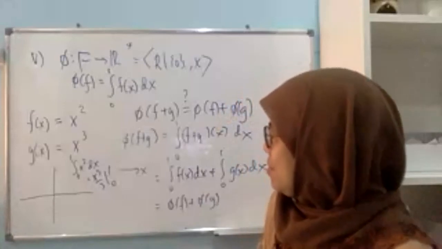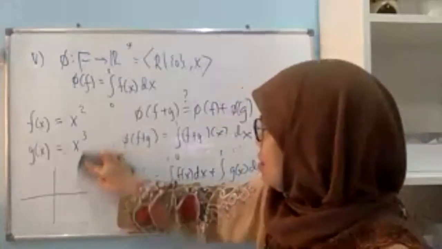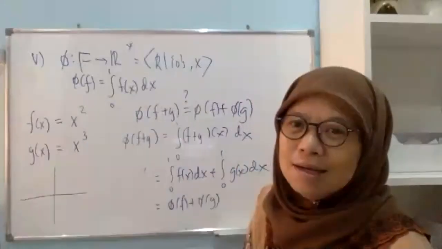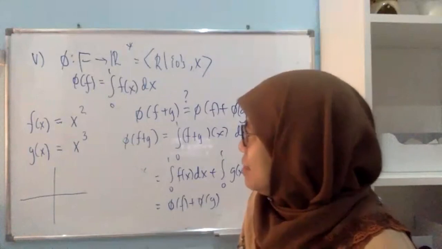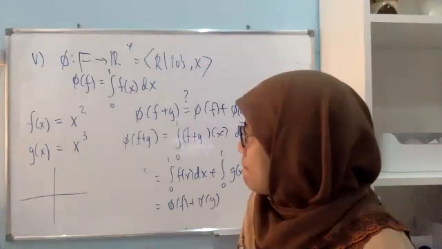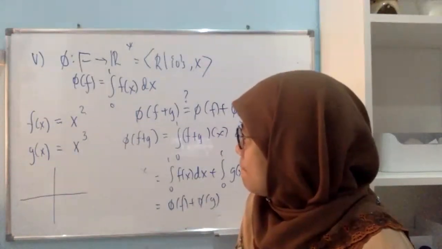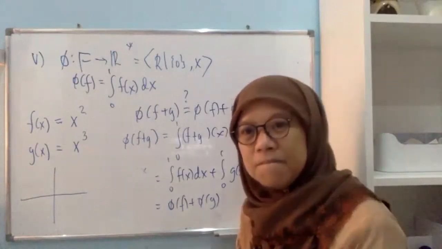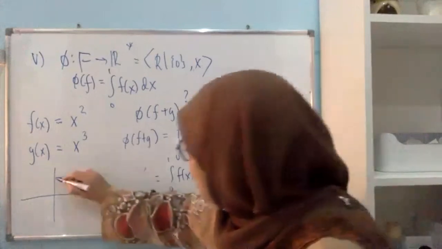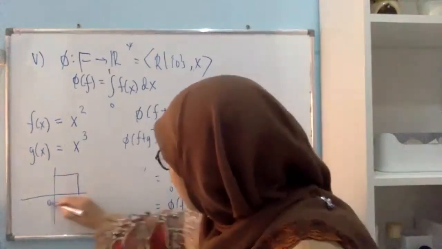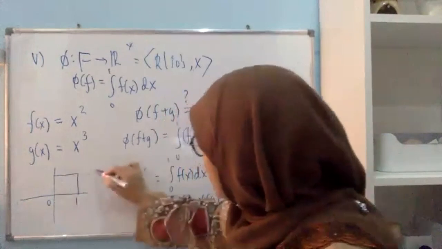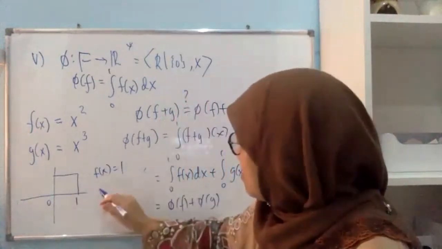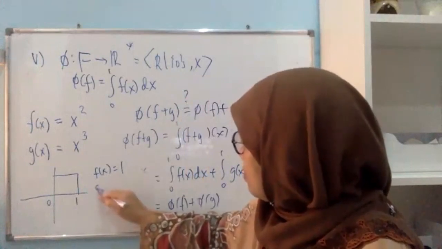Do you have something else? You can multiply something. Just find something with the same area. This is f(x) equal 1, maybe 0 to half and half to 1.